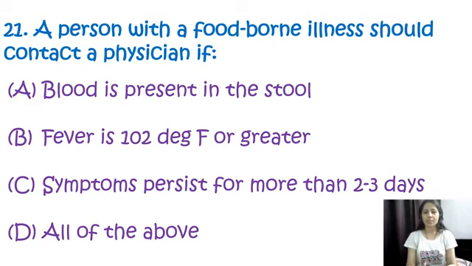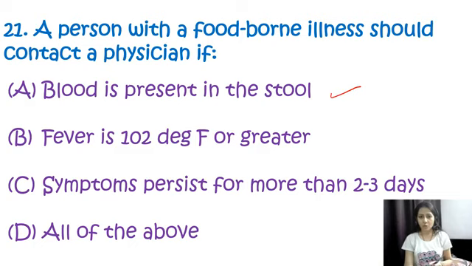Question number 21. A person with a foodborne illness should contact a physician if, options are: blood is present in the stool. Exactly, because blood in the stool can indicate more severe infections or complications such as invasive bacterial infections or inflammation of the gastrointestinal tract. So this is correct. Next, fever at 102 °F or greater.